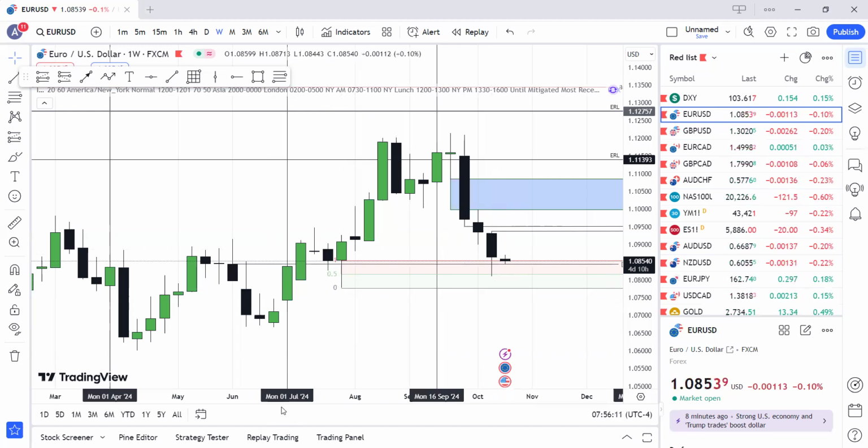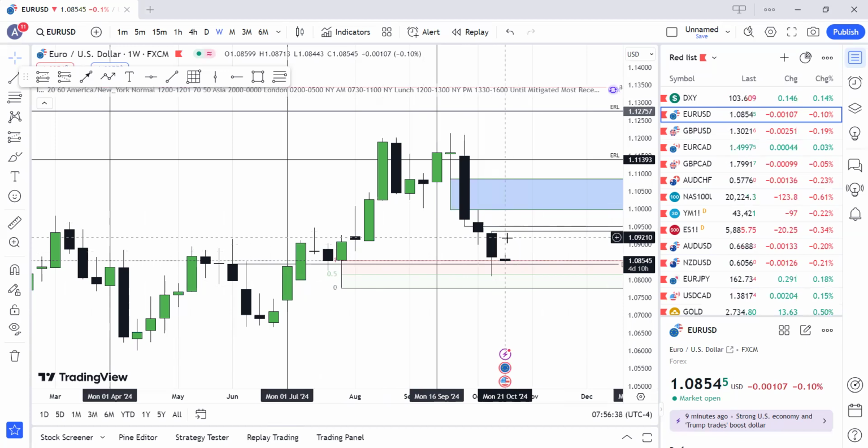The idea basically is, where's the support level on a higher time frame, weekly and daily, and where is the resistance? Resistance is basically fair value gaps above price. So support will be fair value gaps below price, and resistance levels will be above price, right?